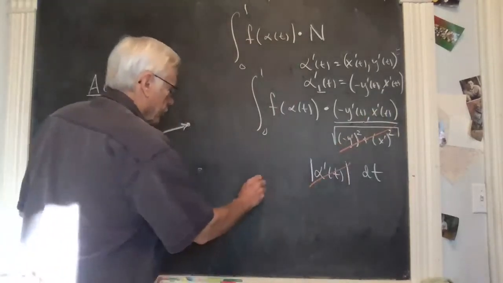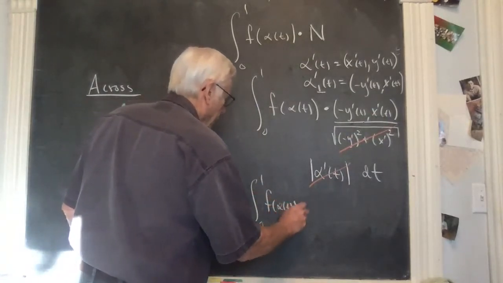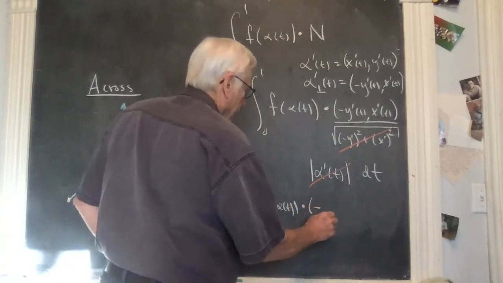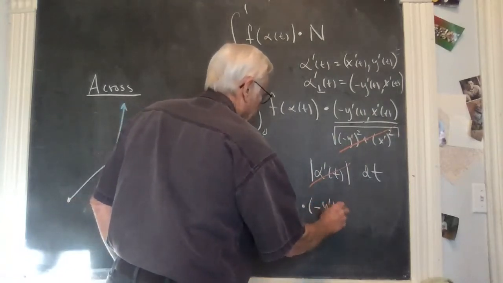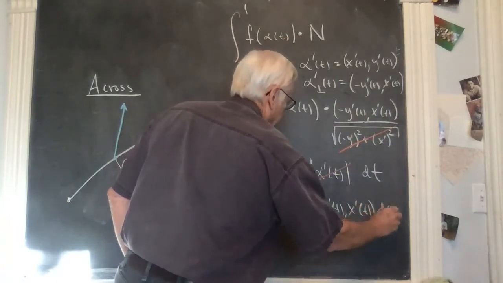So this integral becomes the integral 0 to 1 of f of alpha of t dot minus y prime of t, x prime of t, dt.